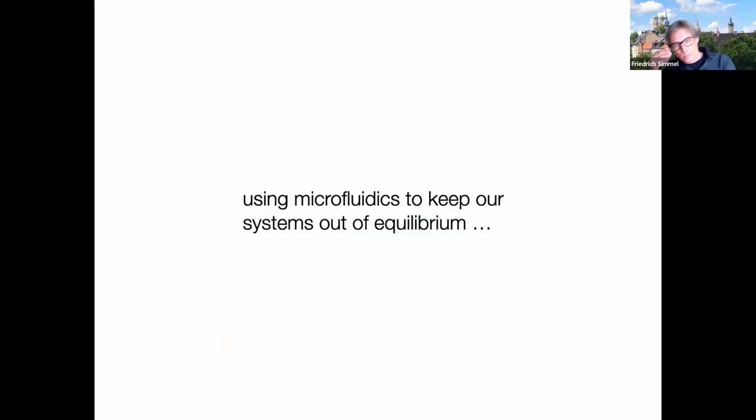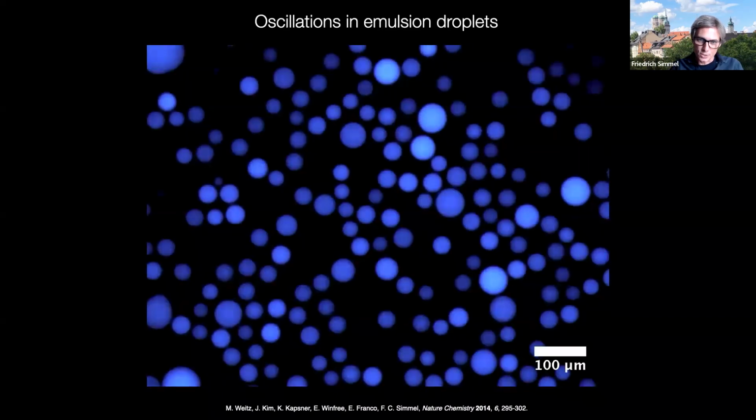But being aware of this problem of the finite lifetime of our systems, in the last 2 years or so we worked more with microfluidics to try to keep the systems out of equilibrium. I'm just showing a few examples.